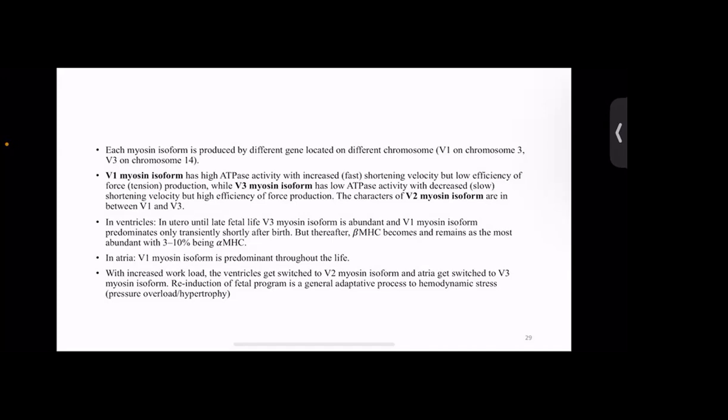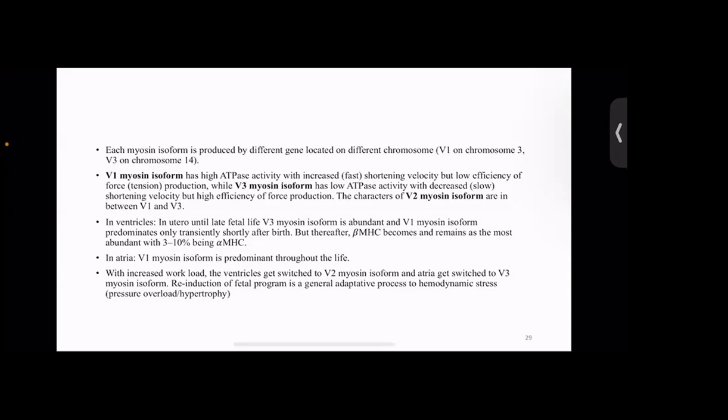So in the ventricle, in utero until the late fetal life, V3 myosin isoform is the most abundant. And the V1 myosin isoform predominates only transiently shortly after birth. But thereafter, the beta myosin heavy chain becomes and remains the most abundant, with 3 to 10% being the alpha myosin heavy chain.